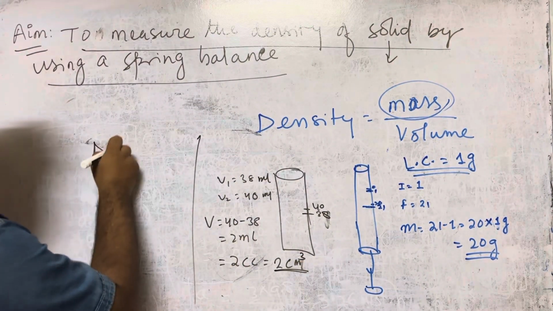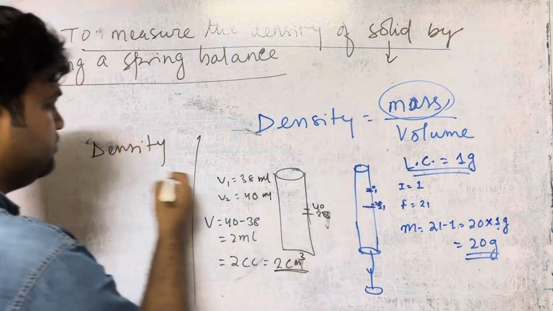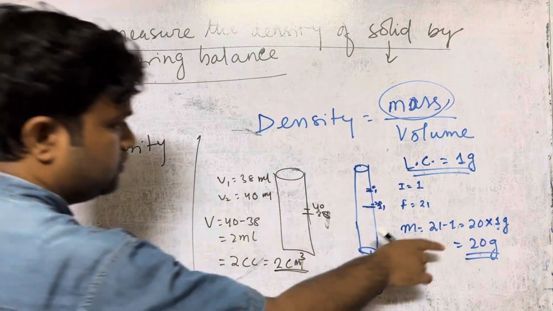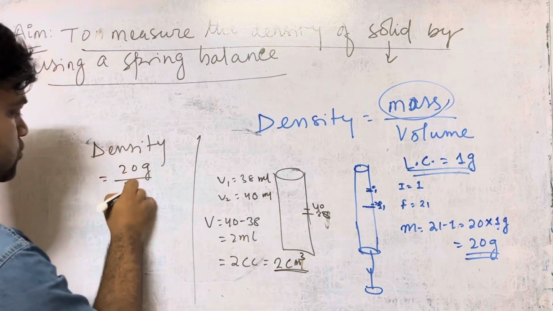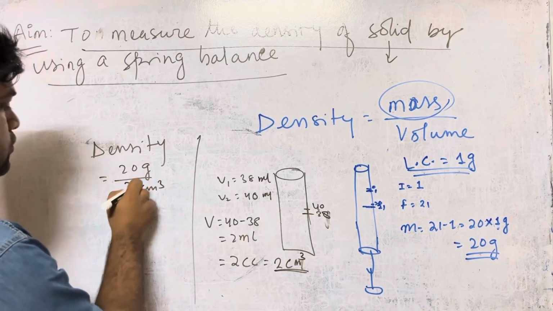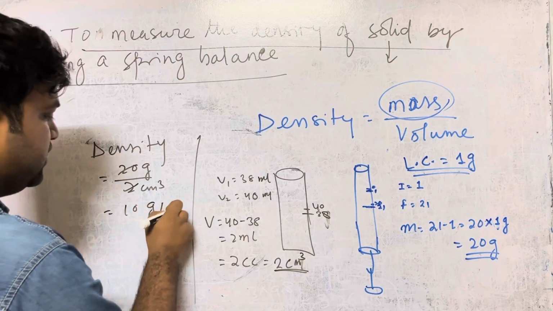So our density is mass by volume. Mass is 20 gram and volume is 2 cm cube. So if you divide, that is 10 gram per cm cube.